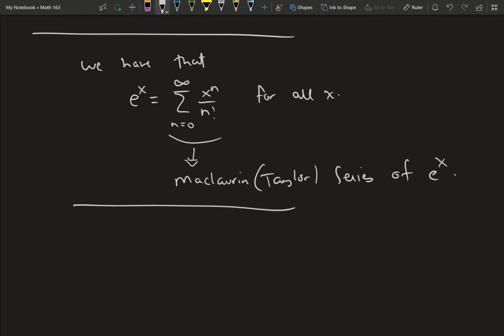Okay, so I'm going to leave you with a little exercise, which we'll do next time. We're not going to worry about the remainders part. We're just going to assume that the remainders do go to 0 and everything converges nicely.